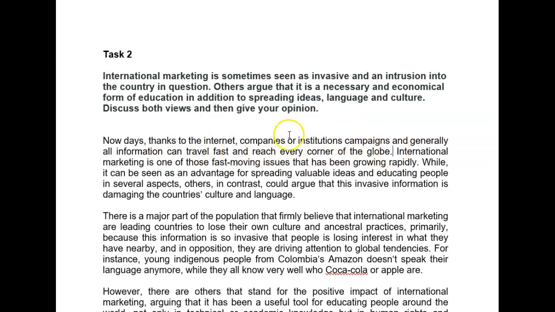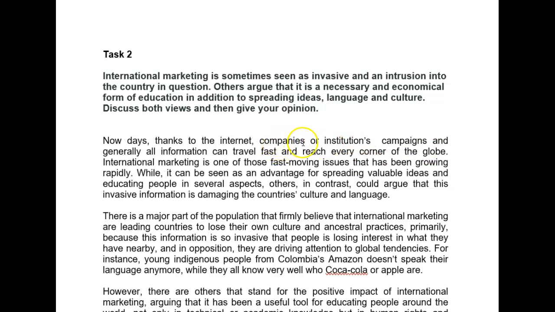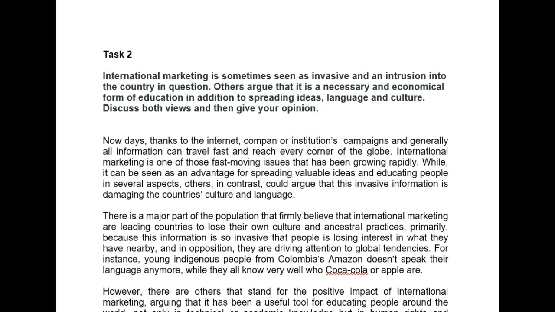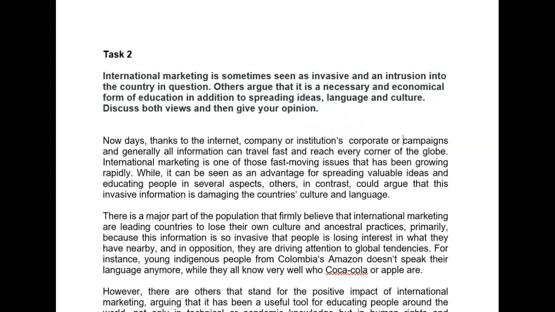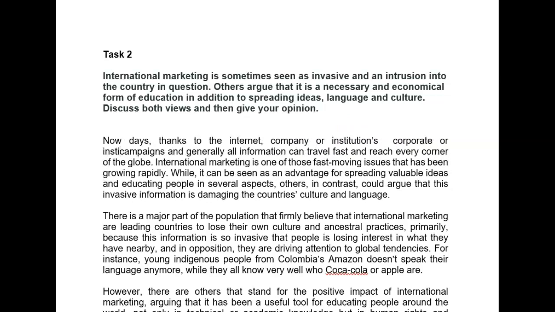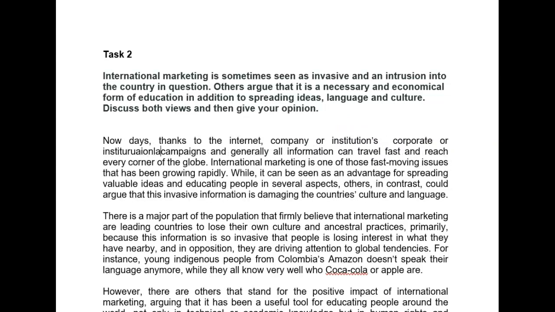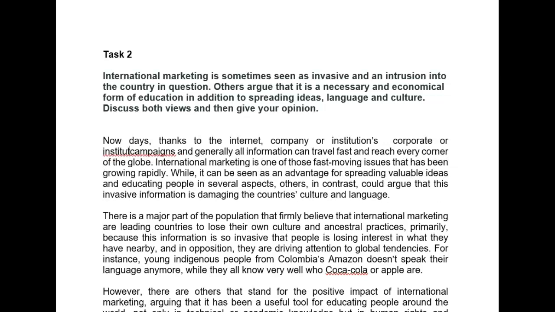Okay, companies or institutional campaigns. Institutions, yeah. Companies, I would prefer company is okay. I would say corporate or institutional, putting them into adjectives.